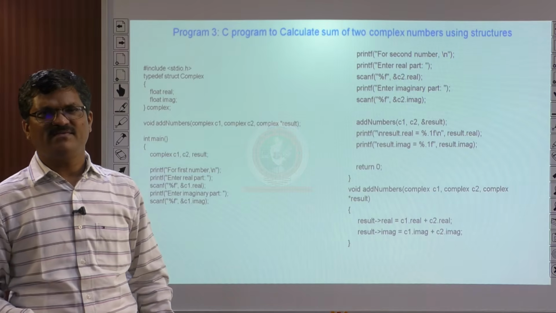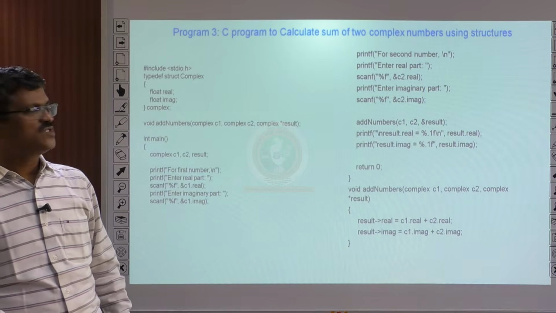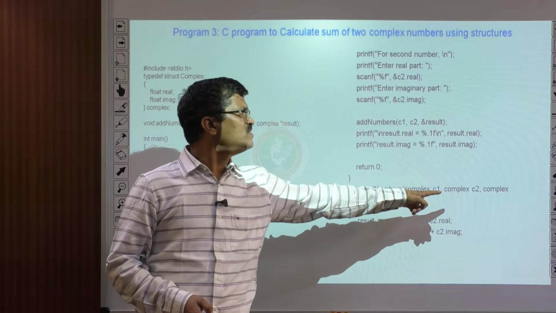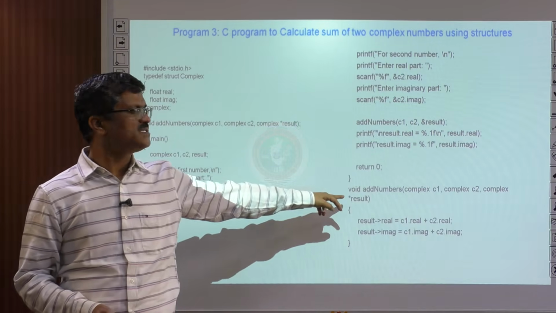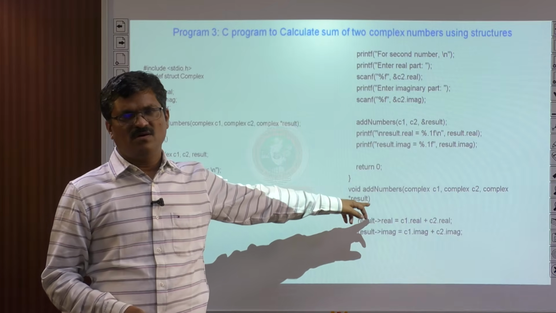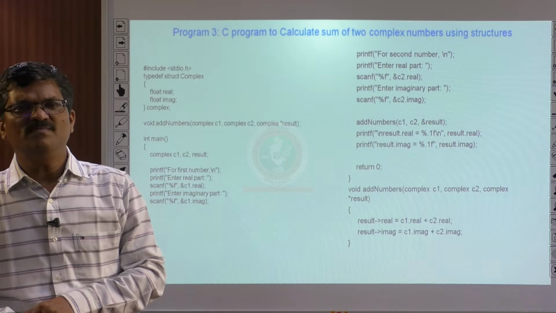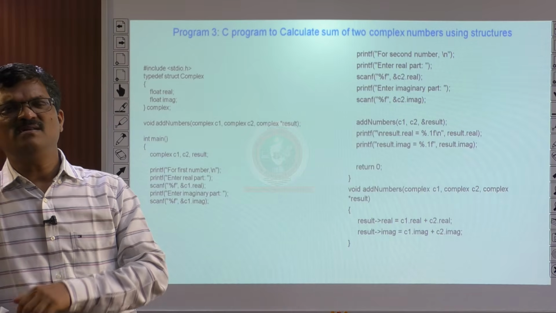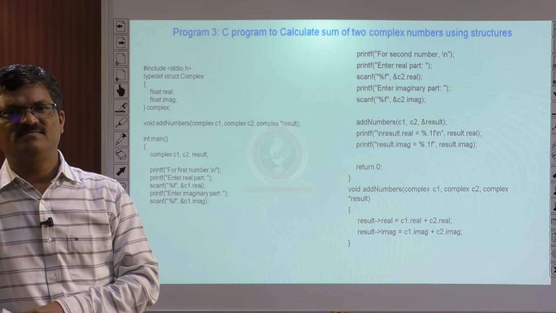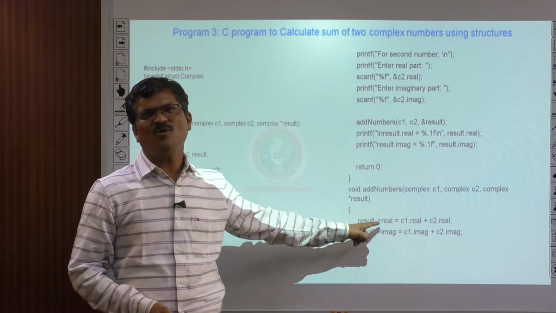And here is the definition for that function add numbers, where C1, C2 and the address of result are passed to C1, C2 and result. Here, since the address is passed, we need to refer to the content at the address which is pointed to by that pointer. For that reason we are making use of another operator over here.